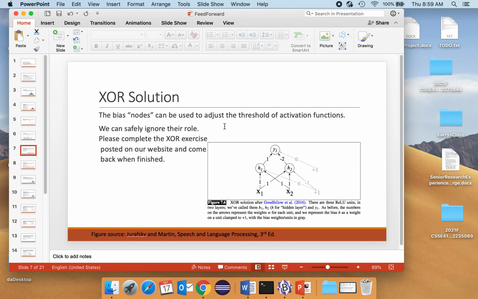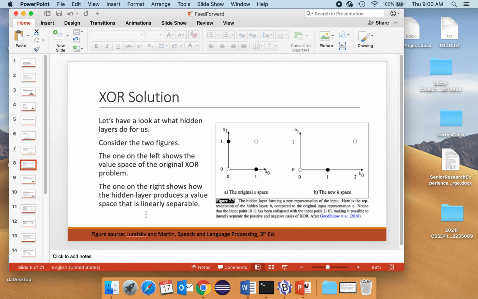Basically, a bias node enables us to adjust the threshold of the activation function, left or right, and that comes in handy in cases. Okay, so what I would like you to do is, on the site where you got the slides, there's an exercise on XOR, which is exactly this one here. I'll ask you to please complete this, and then when you're done, please come back.